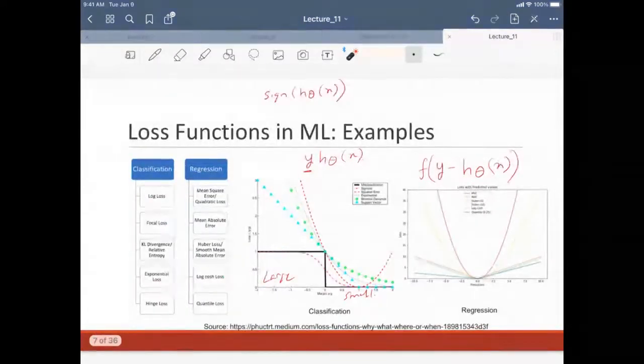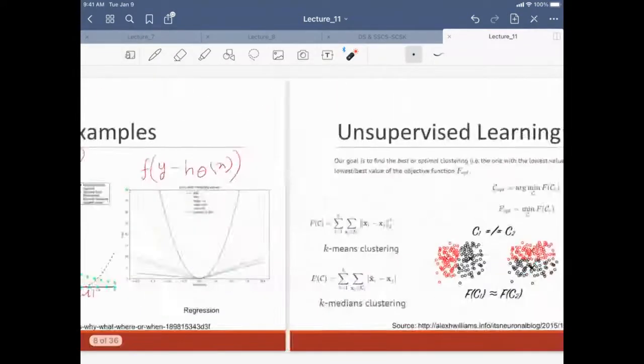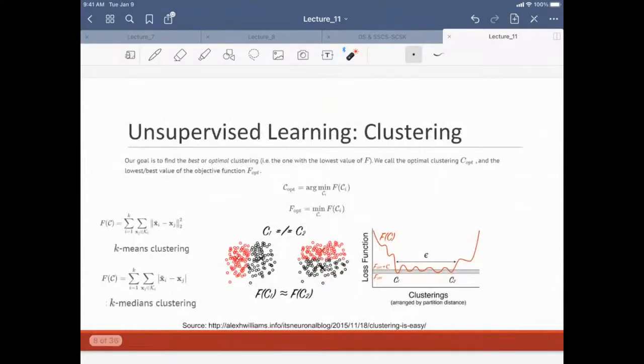Okay, so this is supervised learning, a very quick summary of supervised learning. We have unsupervised learning. One standard example of unsupervised learning is clustering. In clustering, you have your data points, which are essentially just your features, i from 1 to n.